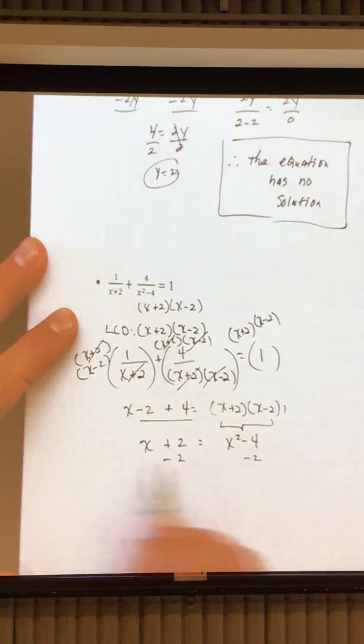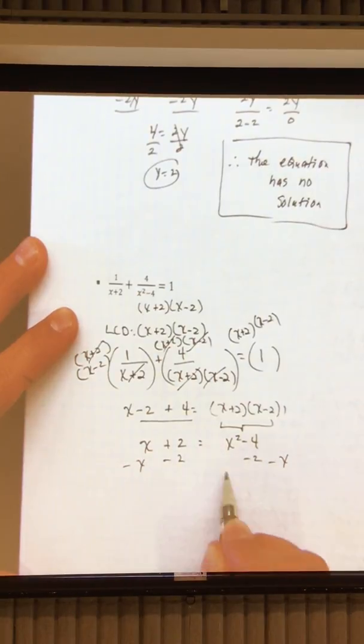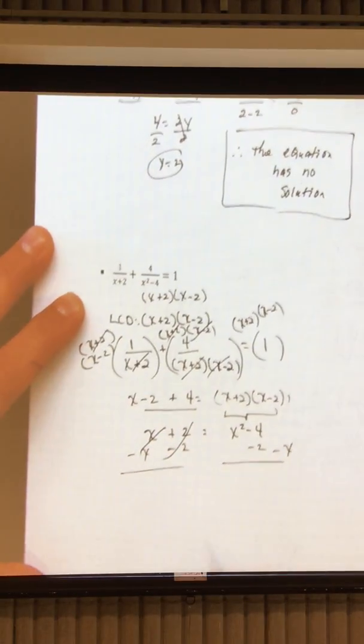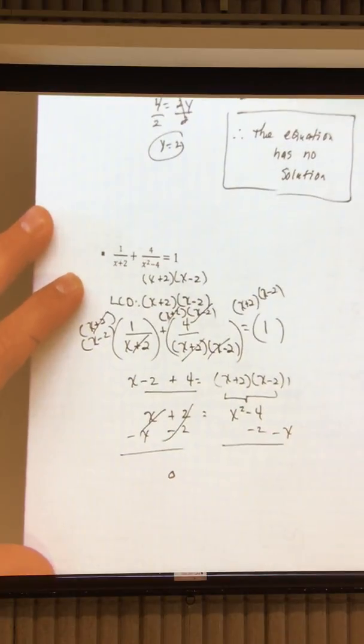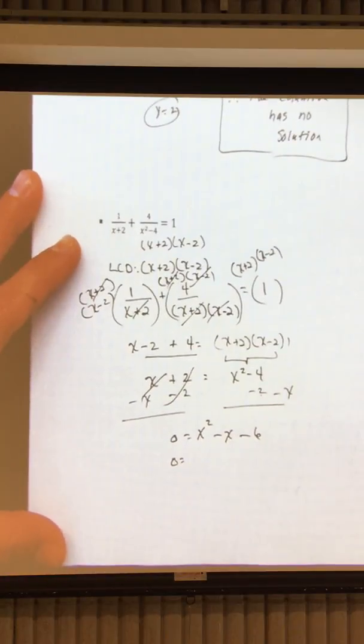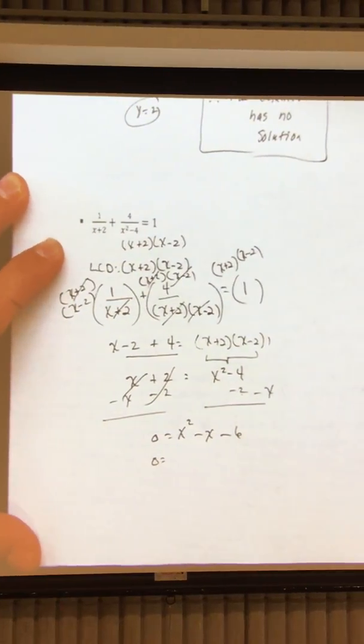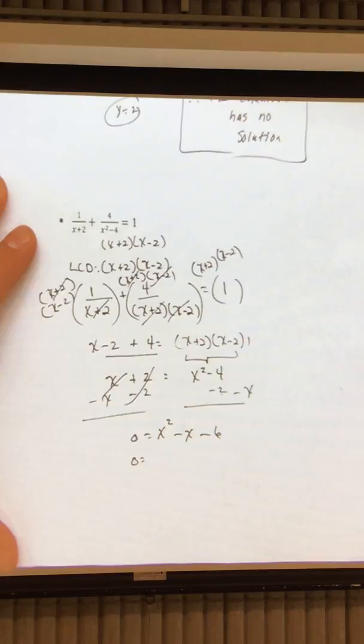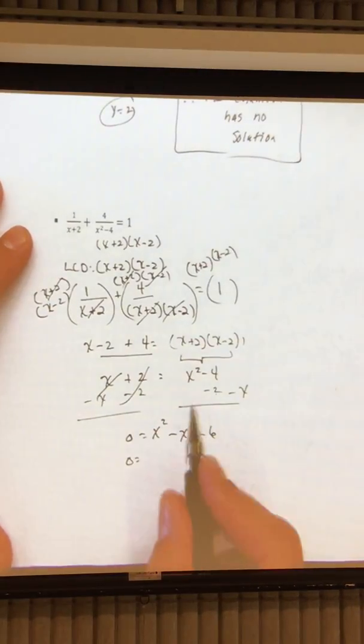Let's subtract 2 from both sides and x from both sides, leaving 0 is equal to x squared minus x, negative 2 minus 4 is negative 6. And here we factor like we did before: which two numbers multiplied equal negative 6 and added to negative 1?